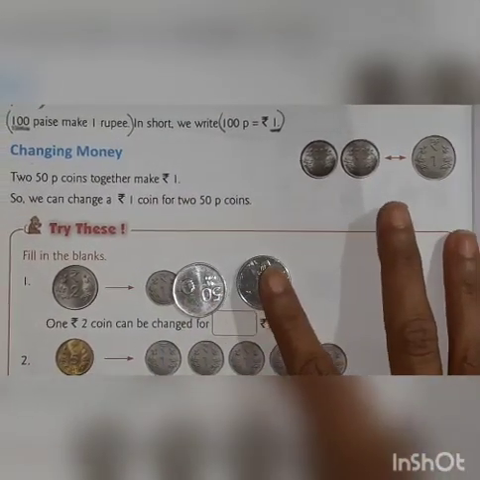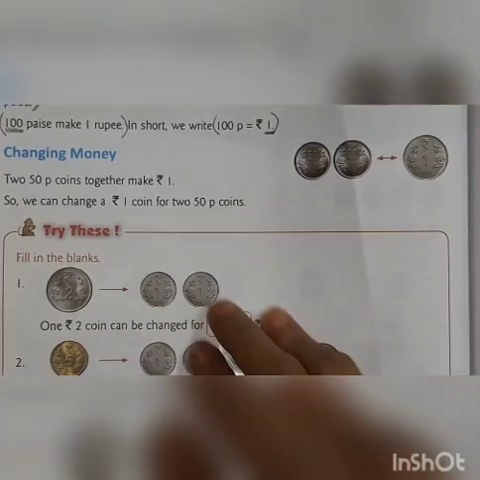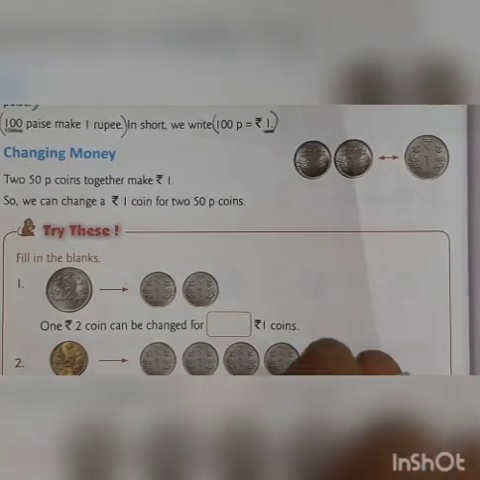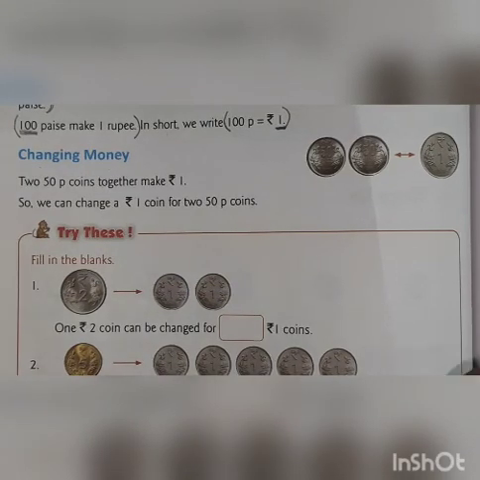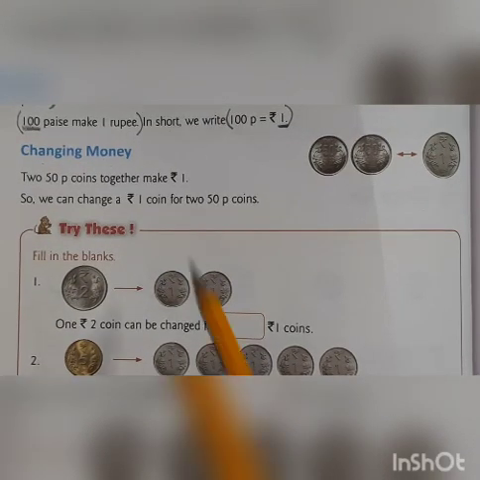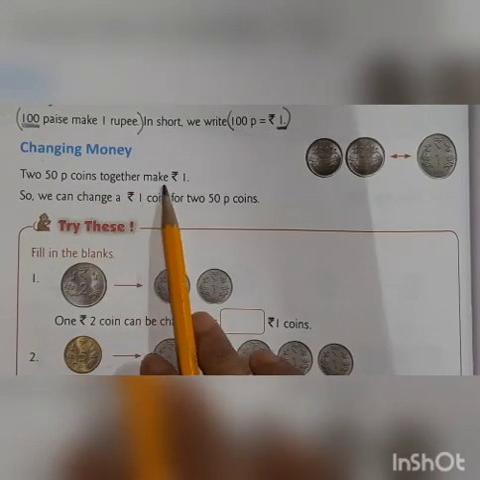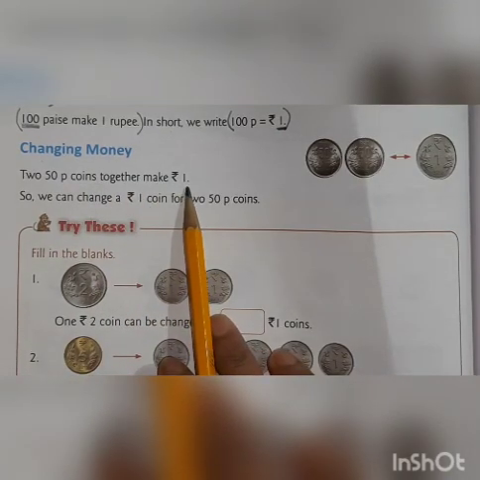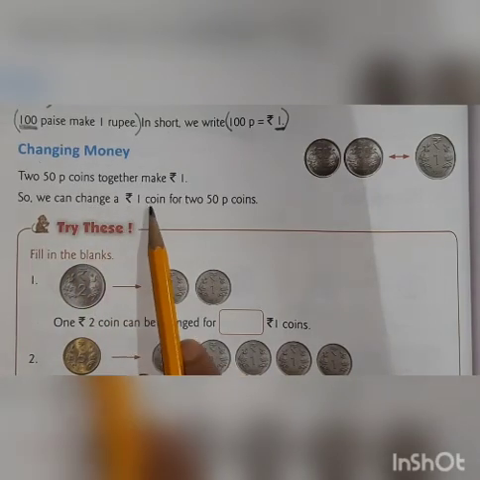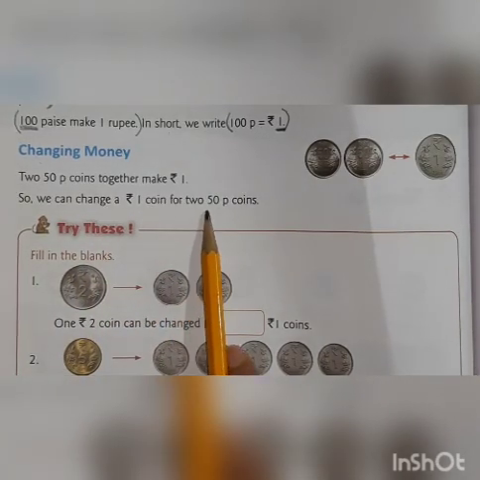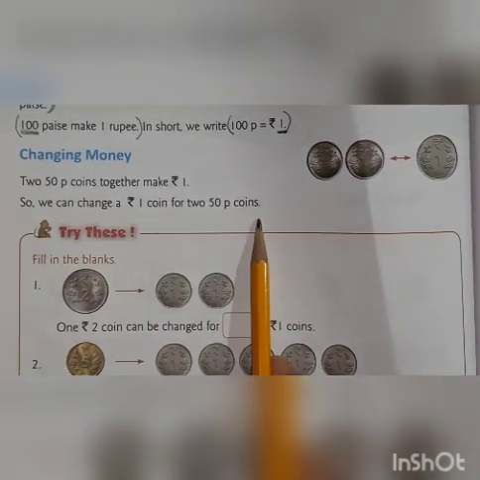So in this way, we have to see in our Try This box. 2 coins of 50 paise together make rupee 1, that we have seen just now. So we can change a 1 rupee coin for 2 coins of 50 paise.